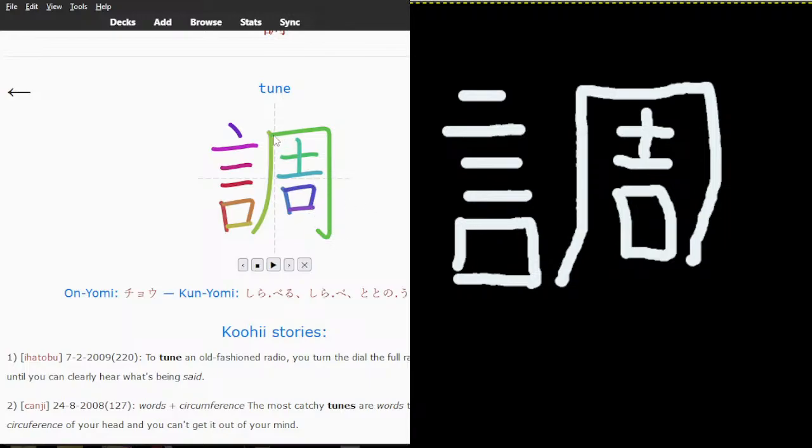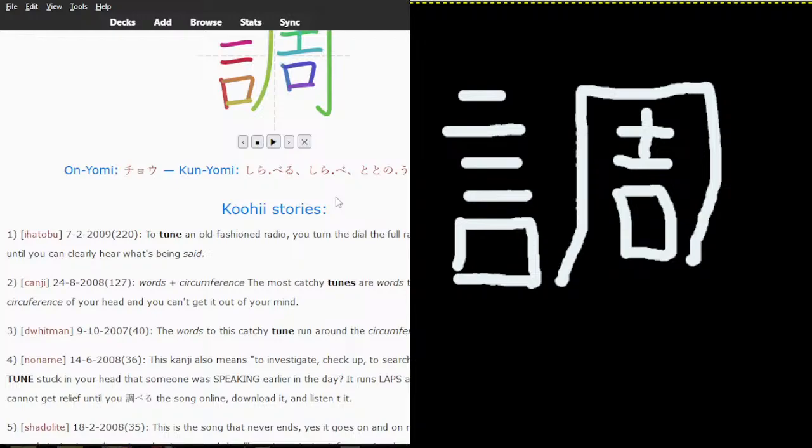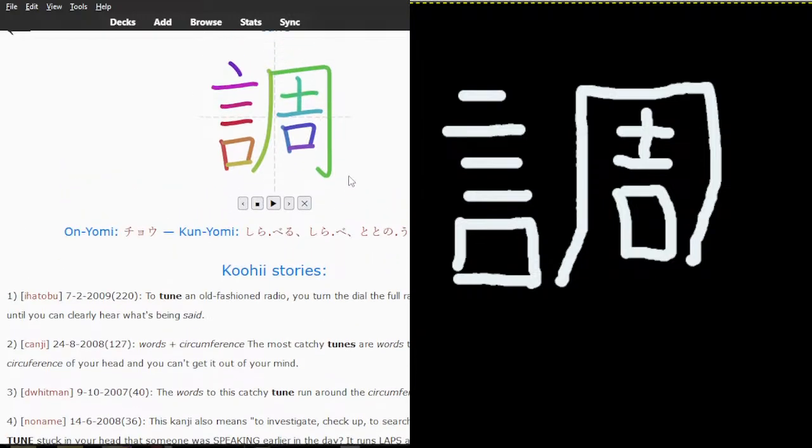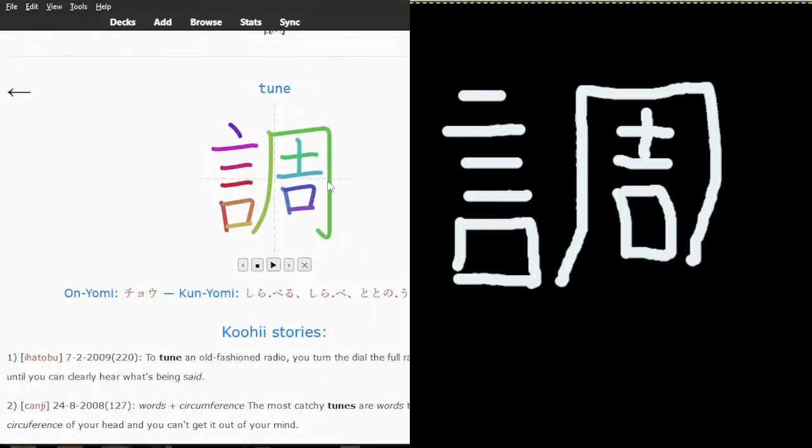But you typically like to go, oh, this whole section on the right means circumference or lap. Use that, because then you can just say, okay, say circumference, like the story, and get to it that way. There's the least amount to remember for each new one.